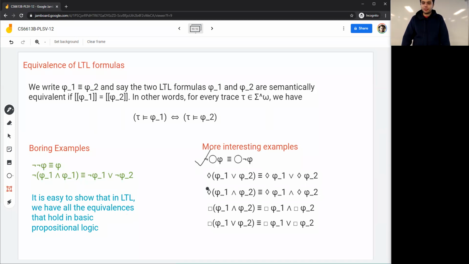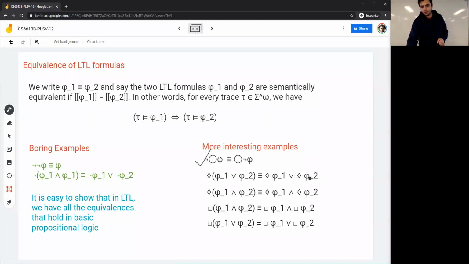Again, we can just use the definition, right? So eventually phi1 or phi2 means that there is some point in the future where at that point, either phi1 holds or phi2 holds. So we can use the same point for the formula on the right side, right? So if phi1 holds at that point, then we have eventually phi1. If phi2 holds at that point, then we have eventually phi2. And you can also do it the other way around.